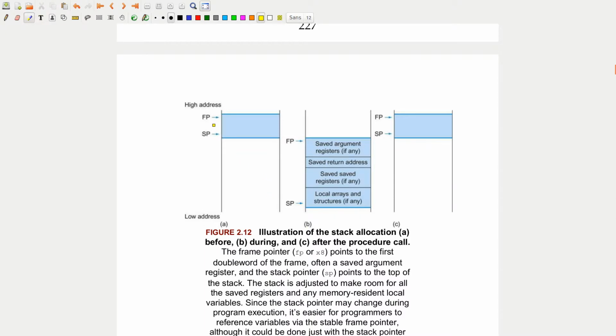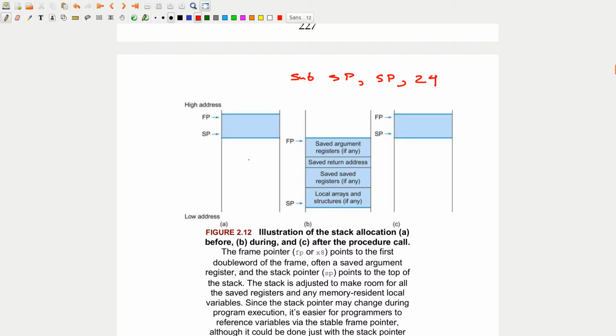So we have the frame pointer and then a stack pointer. Before a procedure call, the stack pointer is directly below the frame pointer, or at the very bottom of this range. Then during the procedure call, we're going to do something like sub SP 24.